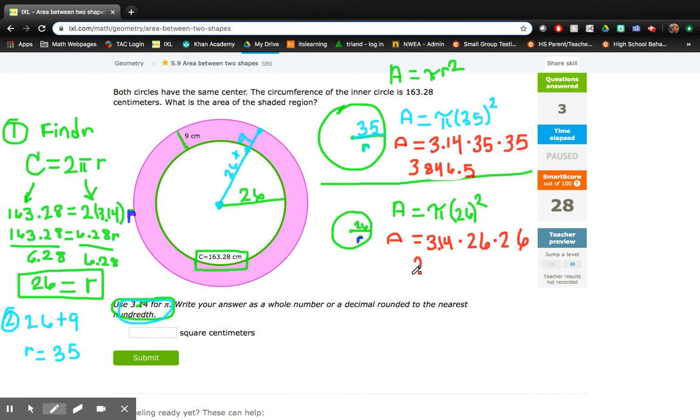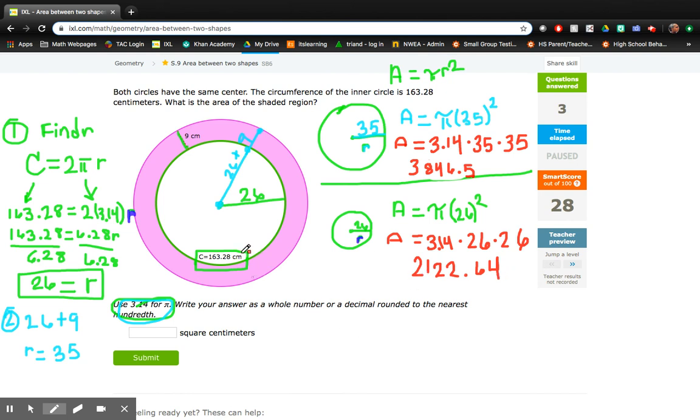So I'm getting 2,122.64 for this bottom one. And I'm going to type that in one more time because mistakes. 26 times 26, okay.